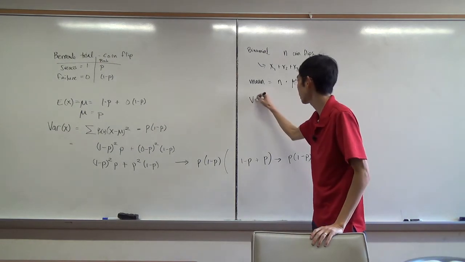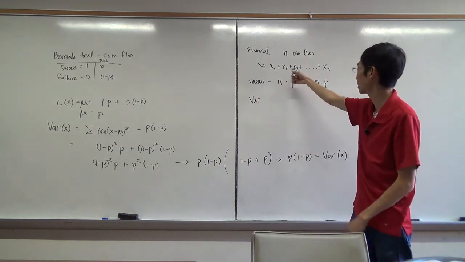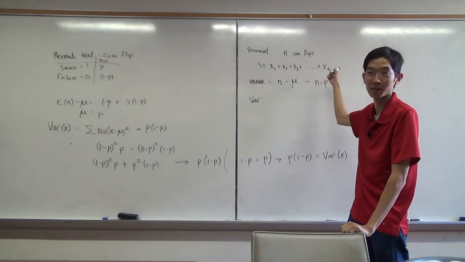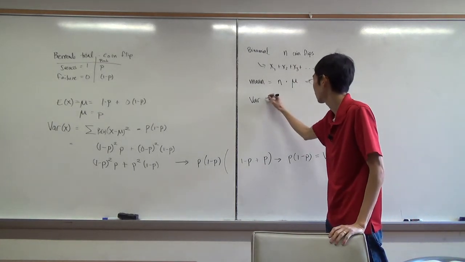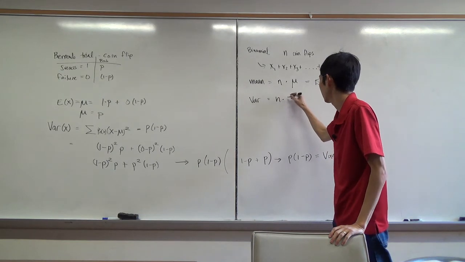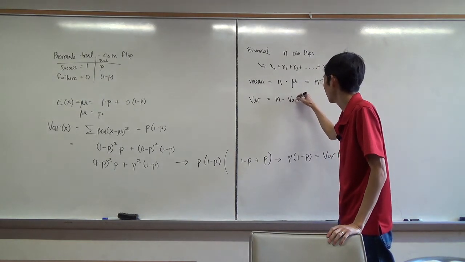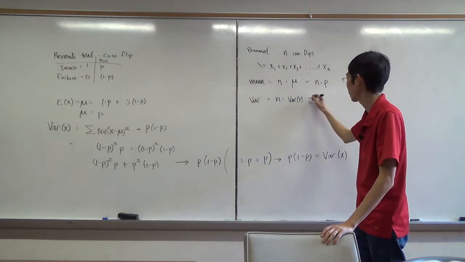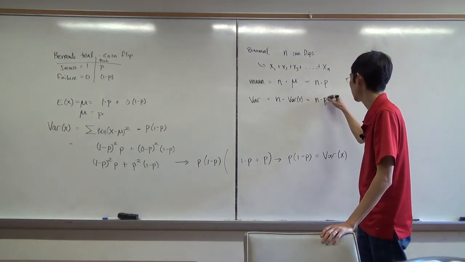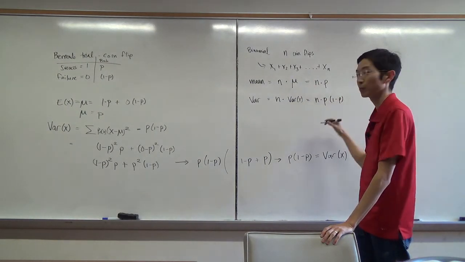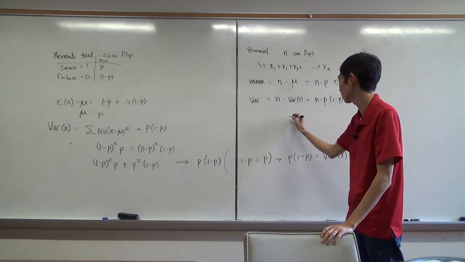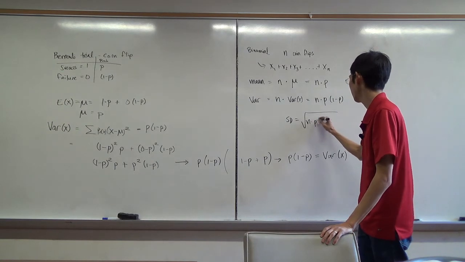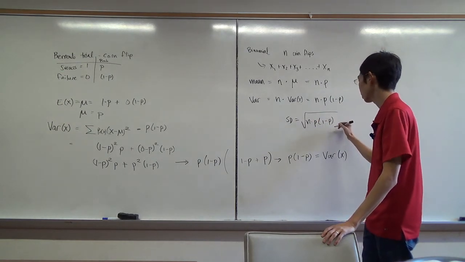And then the variance, because it's not n times x, but it's x added up n times, the variance is going to be n times the variance of one coin flip. Okay, and so that becomes n times p times 1 minus p. And so when we do the standard deviation, we get the square root of n times p times 1 minus p.